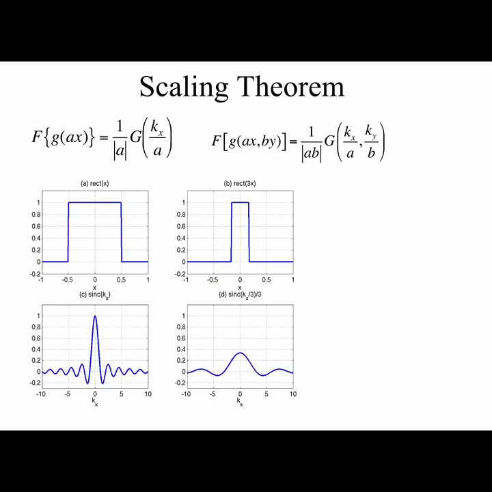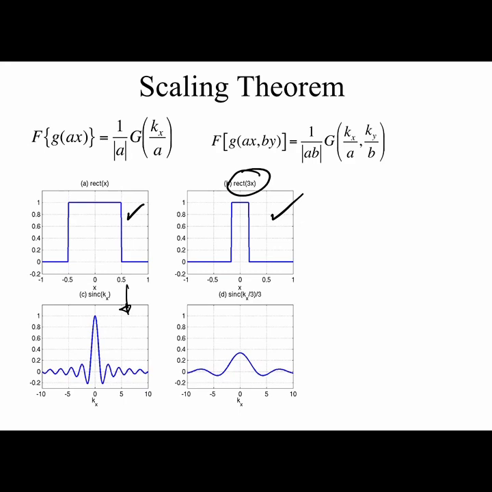All this means is that if I have, let's say, rect of x, which is this function, and that gives me this Fourier transform sinc kx. Okay? Then let's say I have rect of 3x here. So that's just a squeezed version of my rect function.